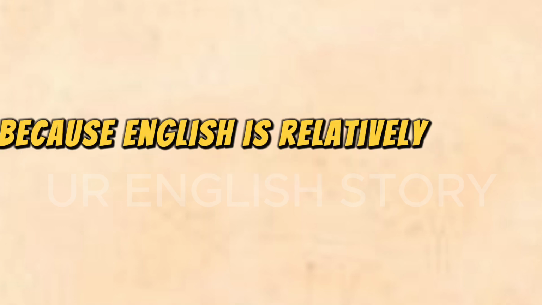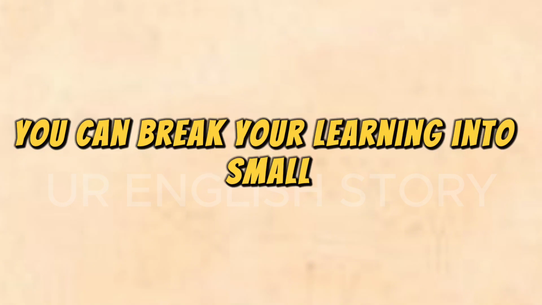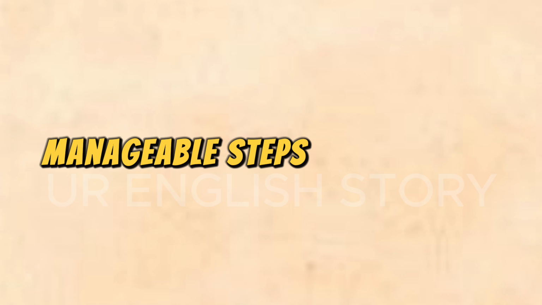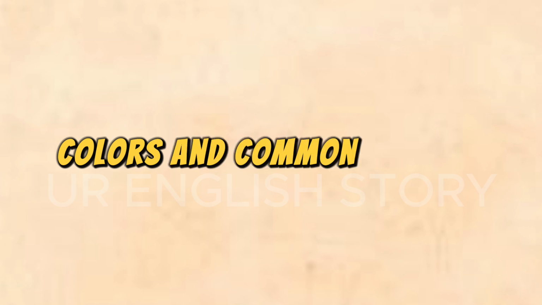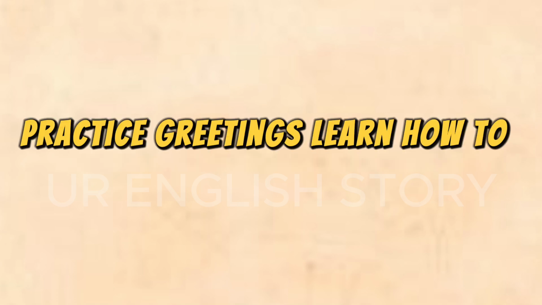Step-by-step learning. Because English is relatively simple to start, you can break your learning into small, manageable steps. For example, start with basics: learn numbers, colors, and common objects. Practice greetings. Learn how to say hello, goodbye, and introduce yourself.